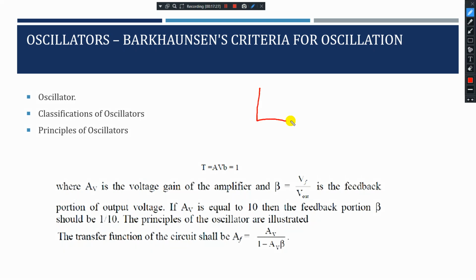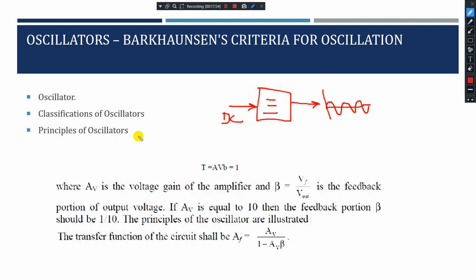If you consider an oscillator with a DC supply and some components, which produces a periodic waveform like this, a periodic waveform. That's a simple way of telling what an oscillator is.